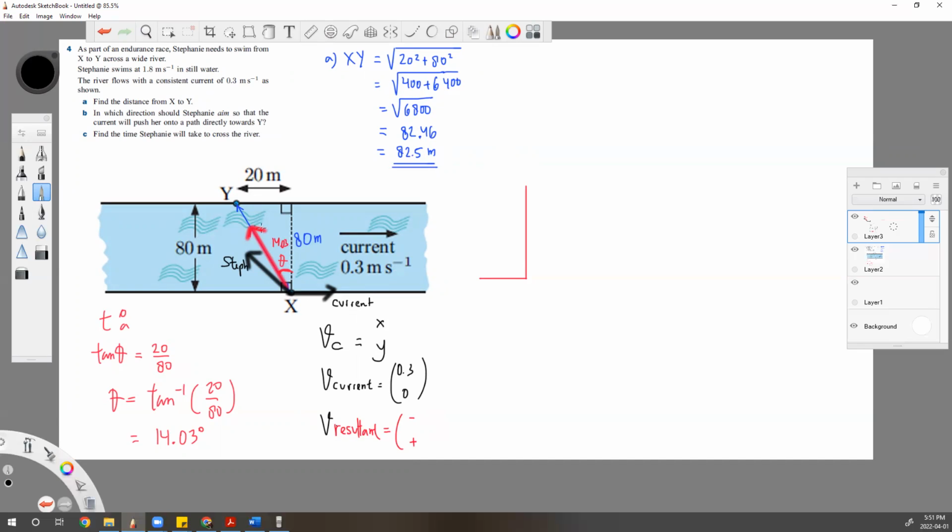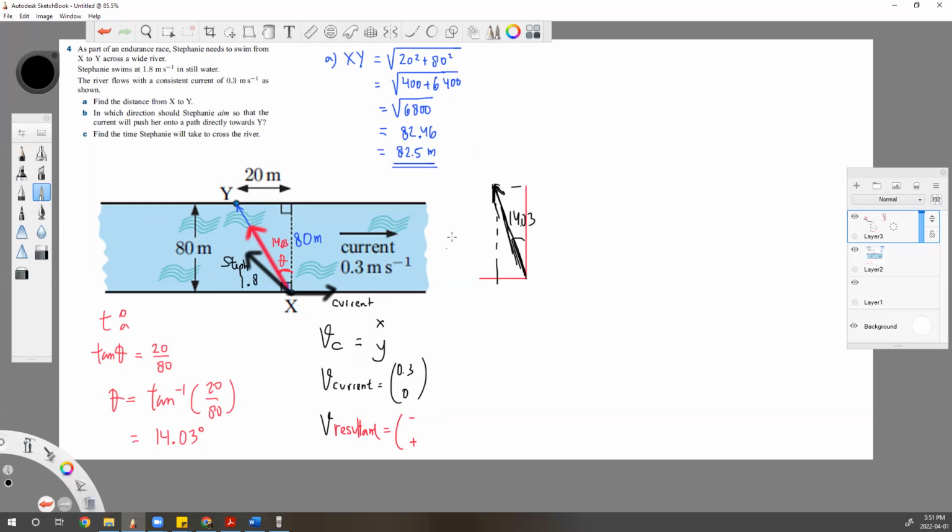Wait, what's the triangle on the right? Oh, this one. I want to draw this, by the way. So it is like this, right? This is the resultant force, right? Oh, yeah. And this is 14.03. And Stephanie is 1.8, sorry, not 18. 1.8. Okay.